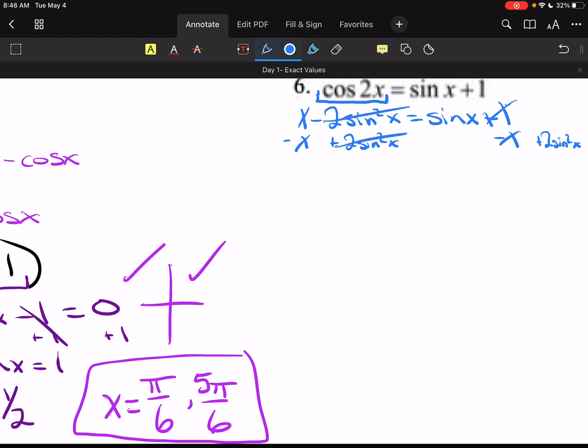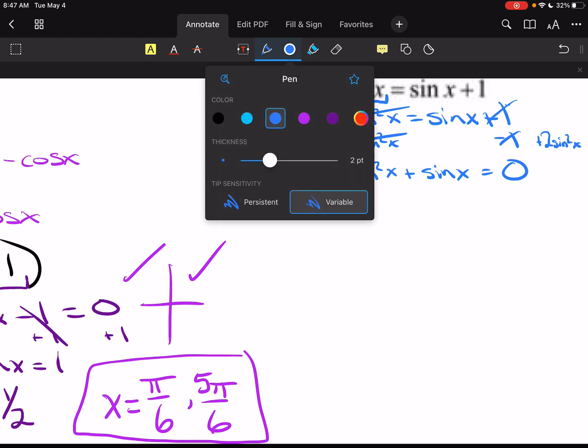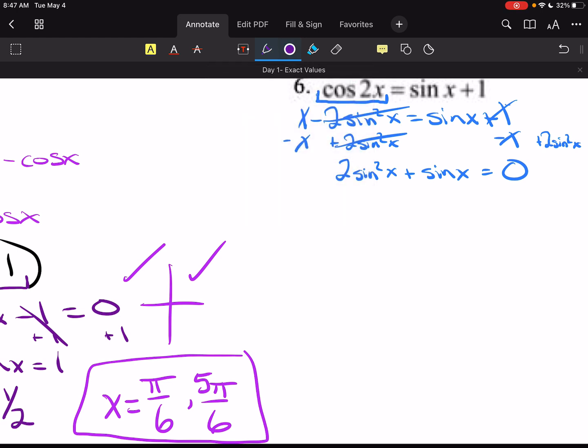And I'm going to order it so that the sine squared x is first, just to make it look nicer. So we would have 2 sine squared x plus sine x. The 1's canceled, so all of that equals 0. And they both have sine. So again, I'm going to pull a sine out front like a GCF.